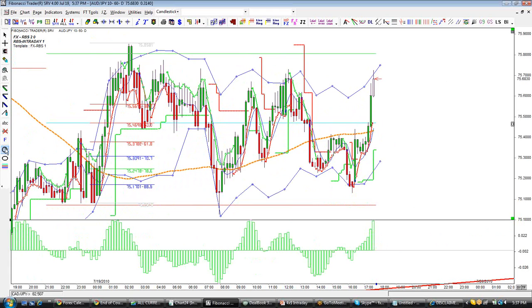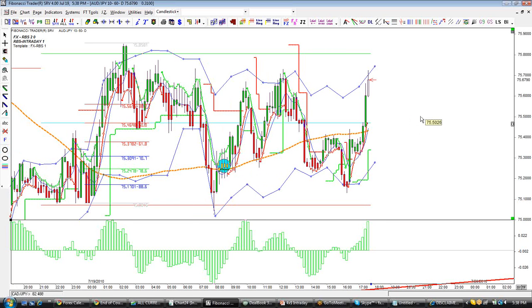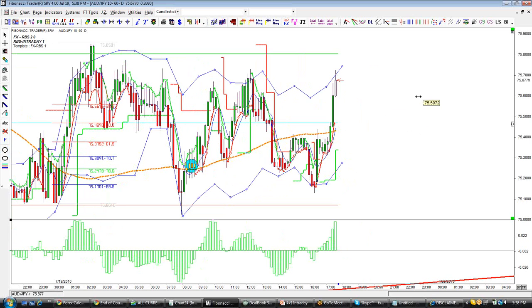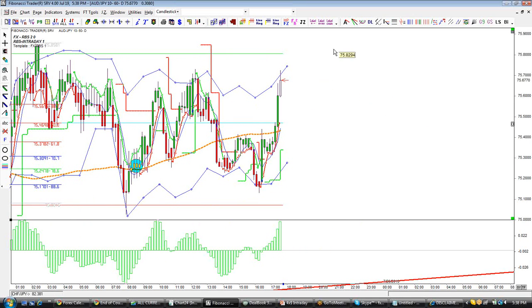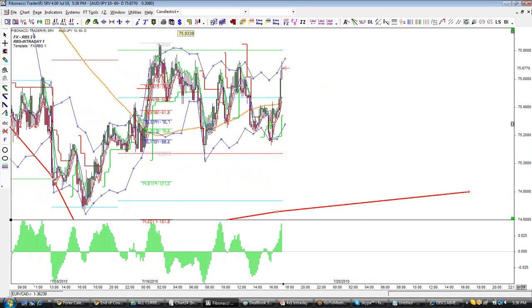Here is where we had the entry with Lee, it was here, right? It's been moving all day up and down, up and down. Hopefully it will break bullish now.